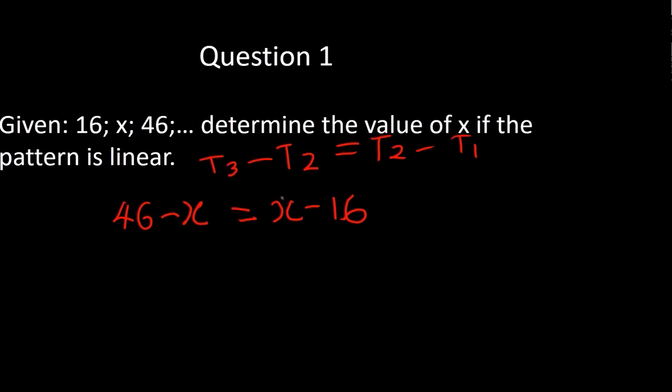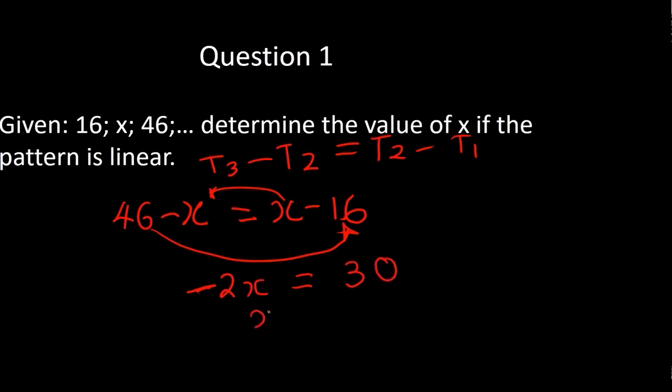So we say, let's take the x's to the left-hand side, the numbers to the right-hand side. So minus x will give me minus 2x. Minus 16 plus 46 will be 30. So therefore we have x is equal to 30 divided by negative 2, which is negative 15.